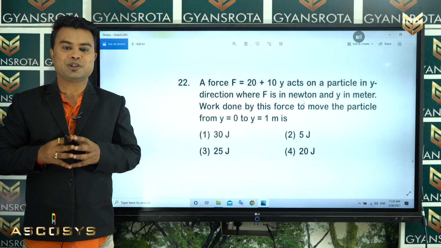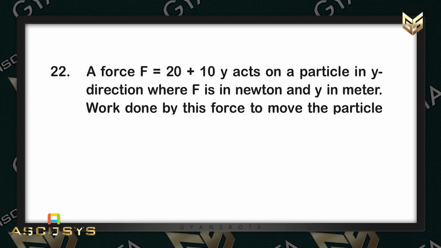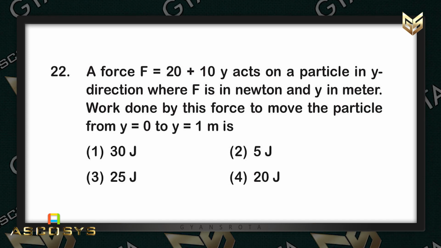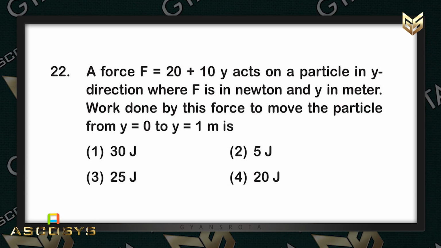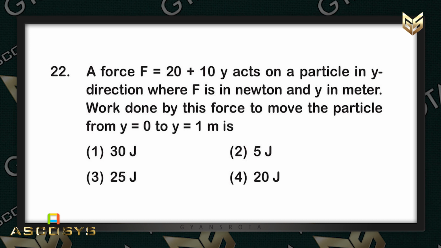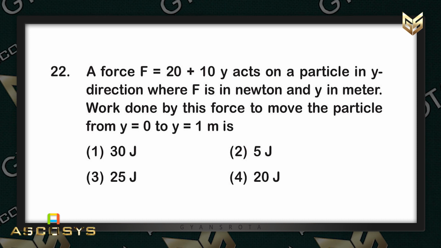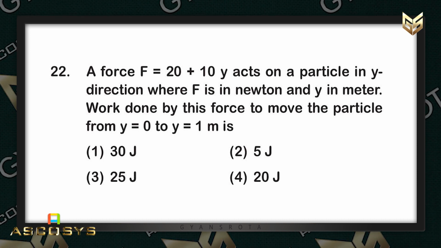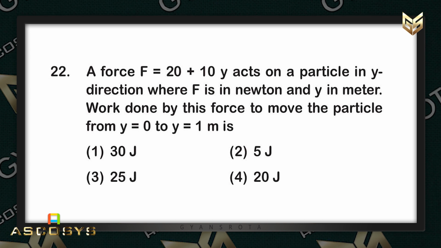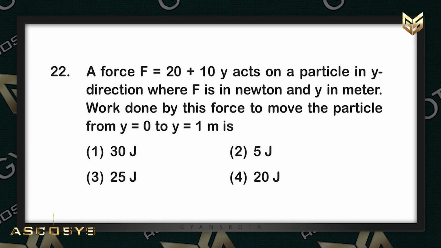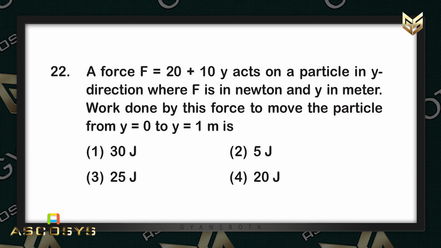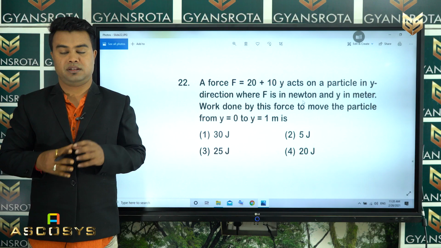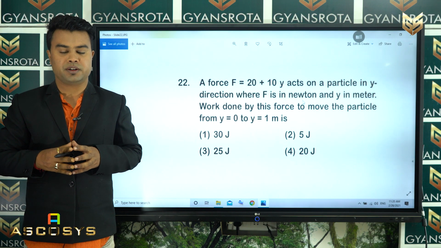In question number 22, it says a force F equals 20 plus 10y acts on a particle in y direction, where F is in Newton and y in meter. Work done by this force to move the particle from y equals 0 to y equals 1 meter is, you need to calculate work done, right?